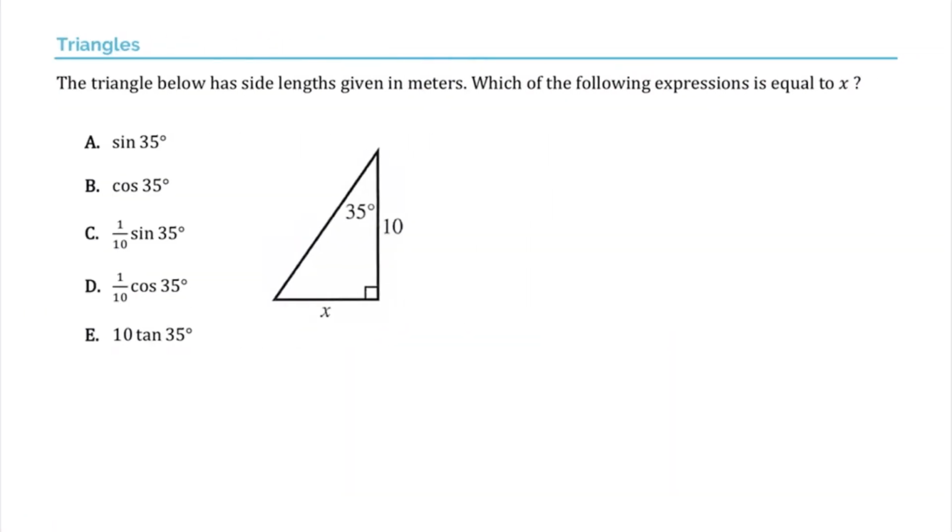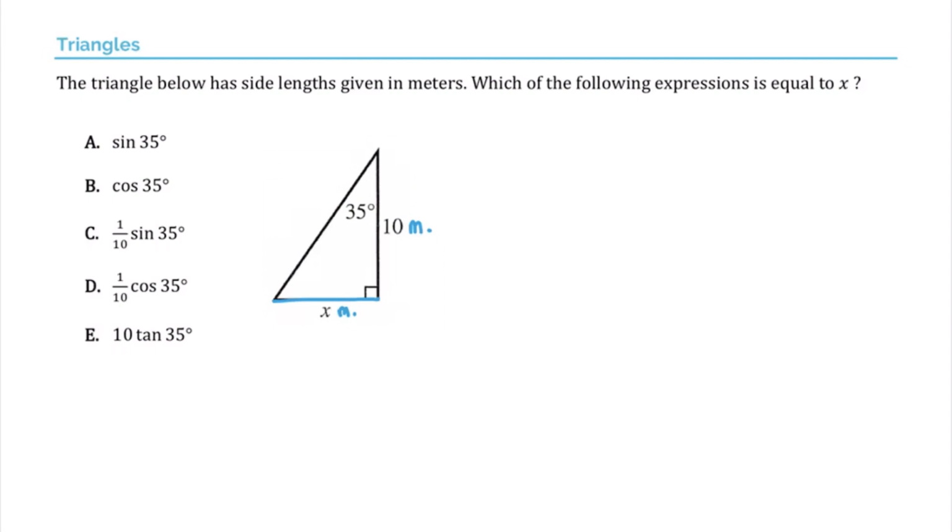Okay, moving on from easy questions to now medium level difficulty questions. The triangle below has side lengths given in meters. Okay, so this 10 is going to be meters and x is going to be meters. Which of the following expressions is equal to x? So notice in this question, we're not going to be using Pythagorean theorem.